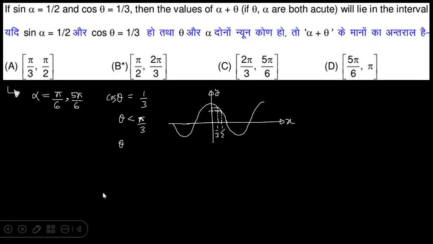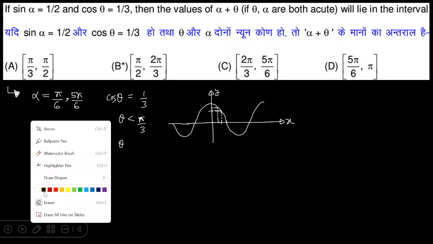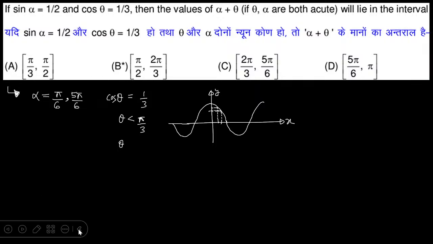There is something wrong. This is 1 by 3. This is 1 by 2. So cos is decreasing.